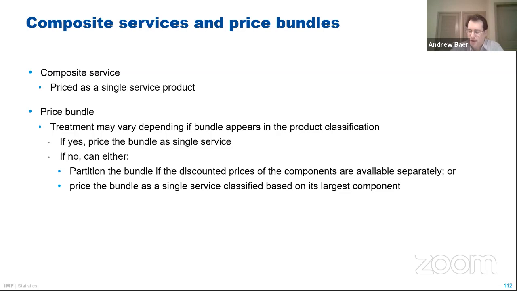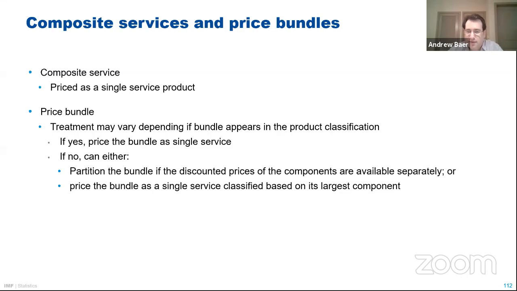Because it's so common, it actually appears in the product classification. I don't know whether it appears in the central product classification. I forgot to check. If it doesn't now, it probably will in the future. I don't know if you have a product classification that you use in Indonesia and whether you'd have to look, does that bundle exist there?